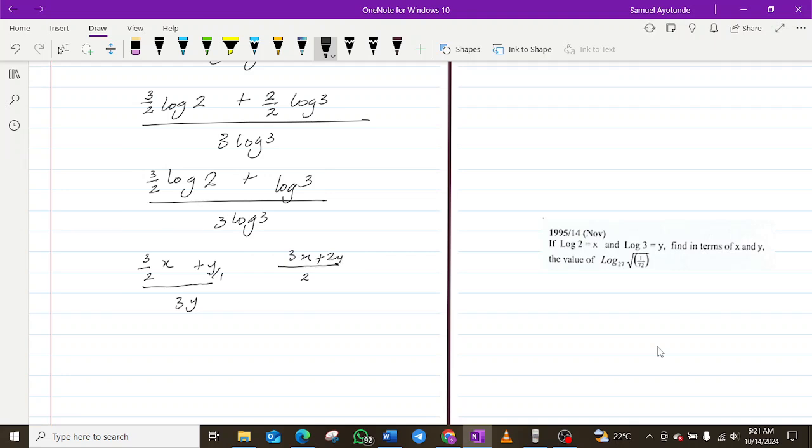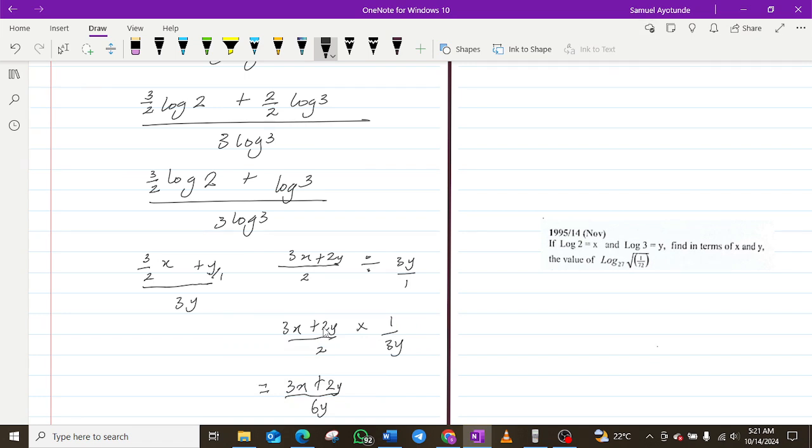If I turn the division to multiplication, I will have 3x plus 2y over 2 times 1 over 3y, since 3y is the same thing as 3y over 1. Therefore, my answer will be 3x plus 2y, all divided by 6y. And that is the answer.